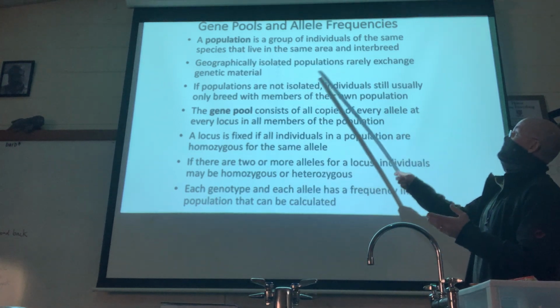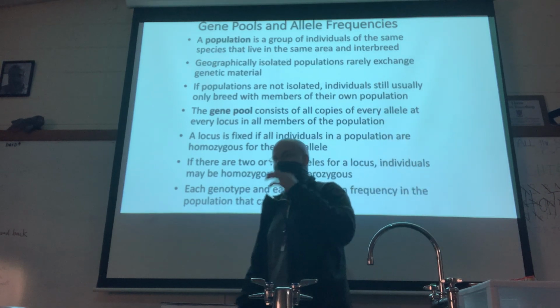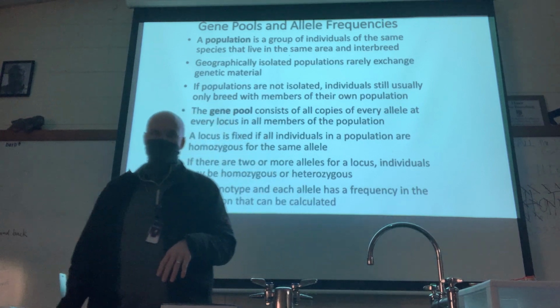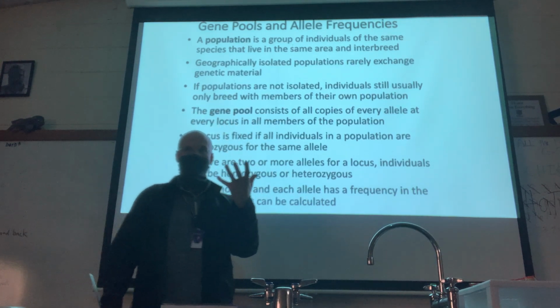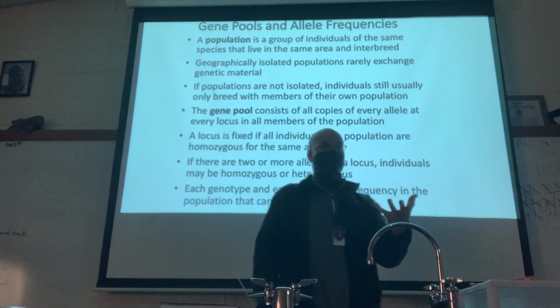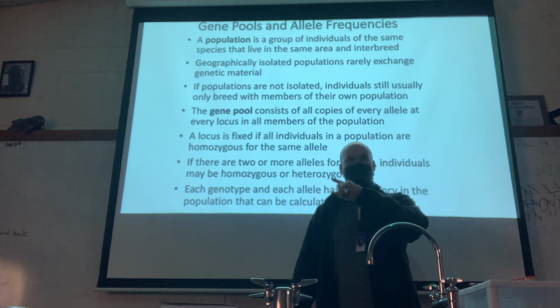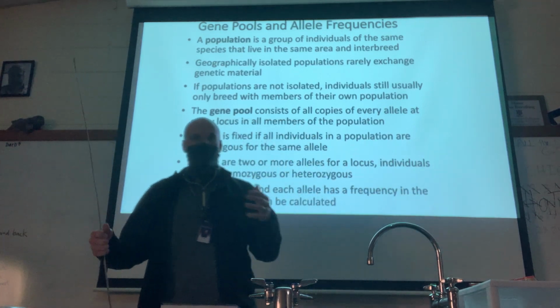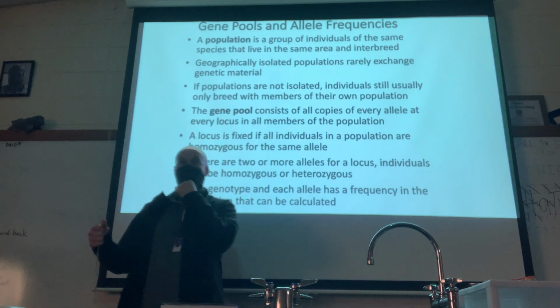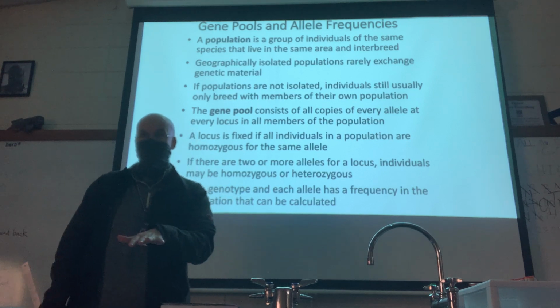And I have a little definition for population up there, but I think you have a fairly basic understanding of what a population is. So you take a group of organisms that are interacting and interbreeding with one another, and you look at what the genotype is for every individual, and then you just add up or account for all of the genes of all of those individuals for a trait.